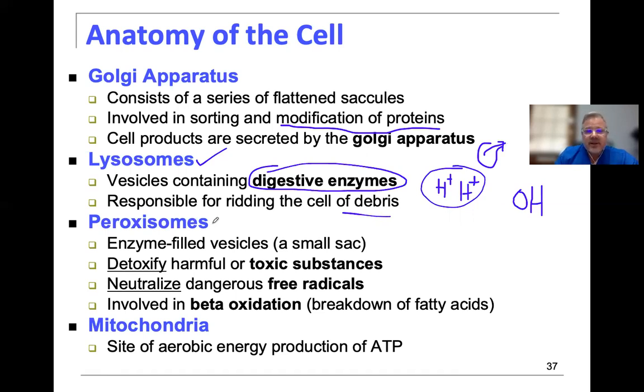The peroxisomes are found within the liver. We know the liver is involved in detoxifying harmful substances like alcohol and drugs. It's designed to neutralize dangerous free radicals. Peroxisomes are also involved with breaking down fat. We call that beta oxidation.